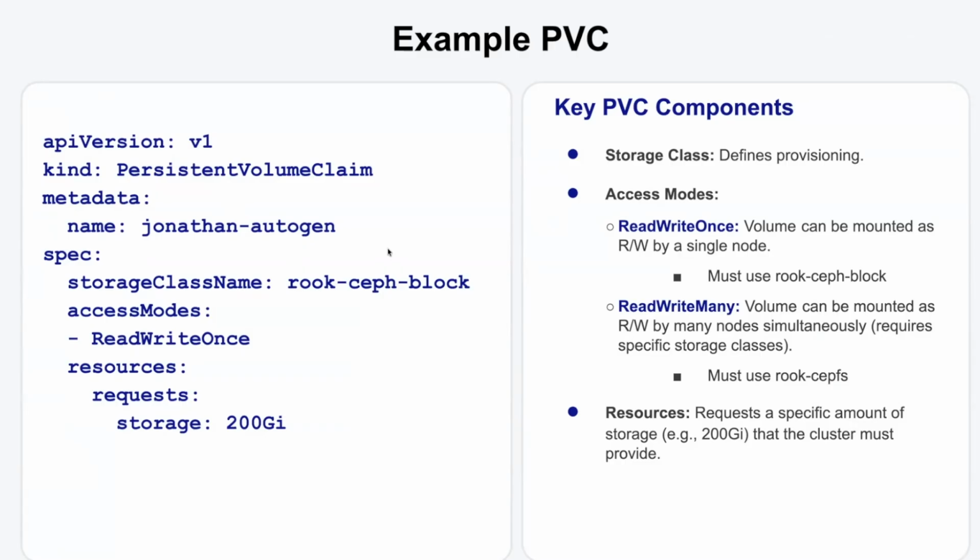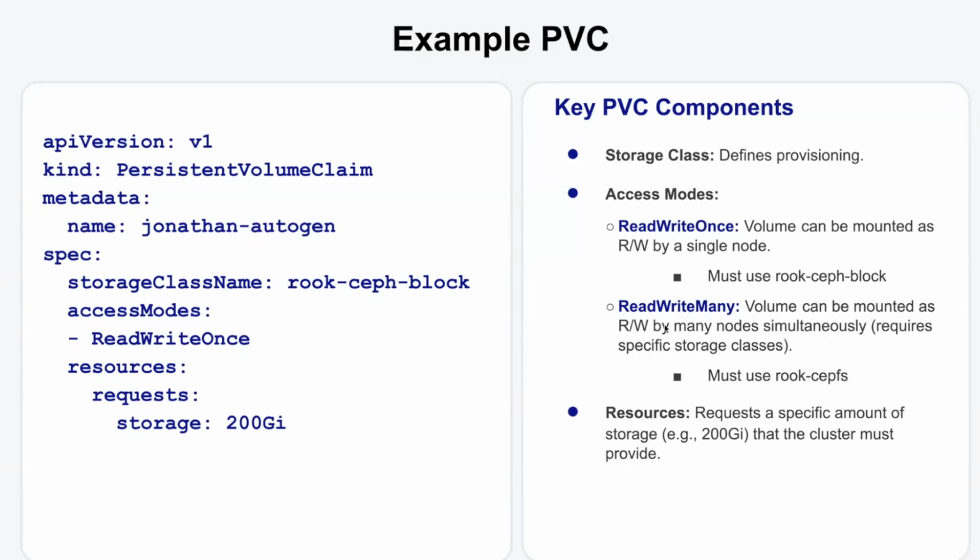Back to PVCs. Another thing to know is storage class and access mode. So there's ReadWriteOnce and ReadWriteMany. ReadWriteOnce is where only one pod can connect to your persistent volume, your drive, at one time.